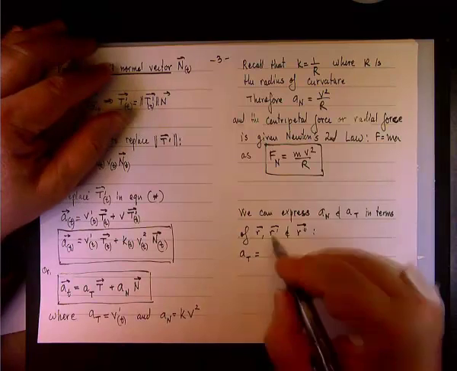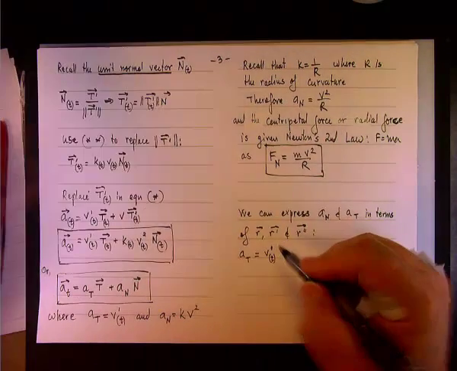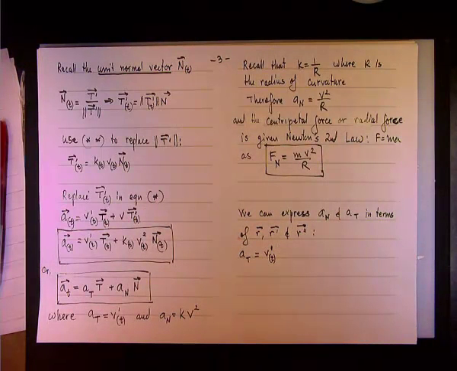Okay, so let's look at a sub t. A sub t is the derivative of the speed.